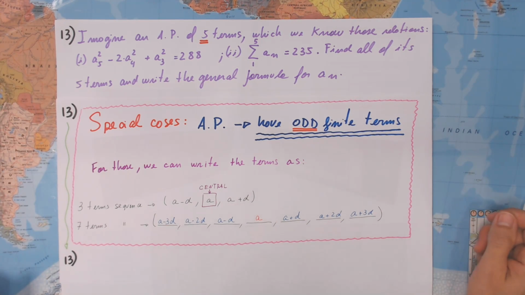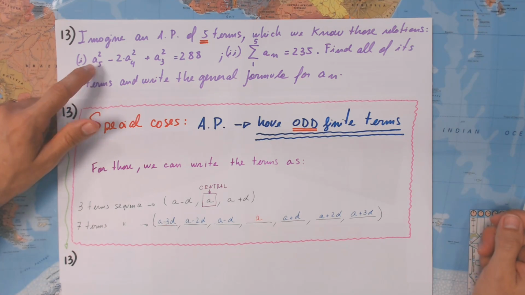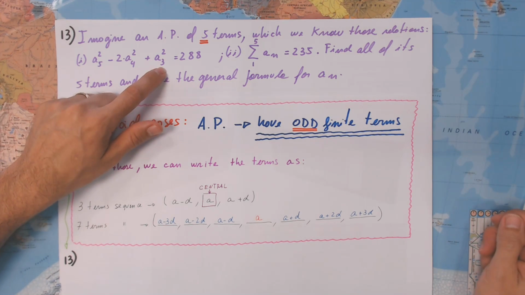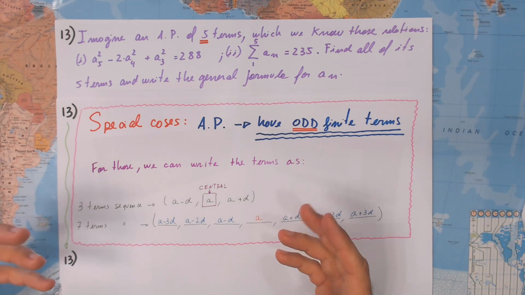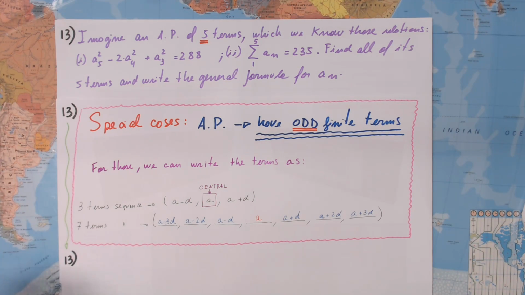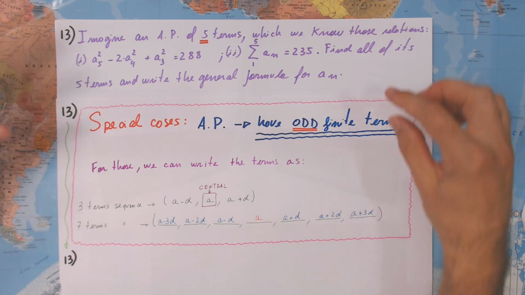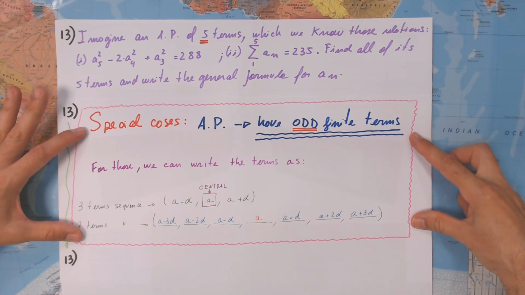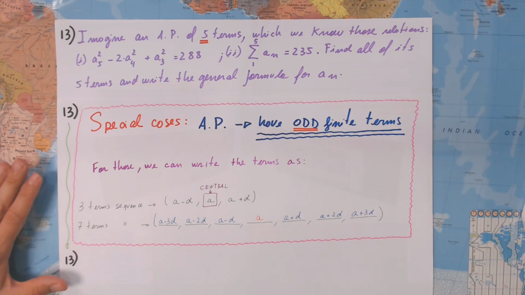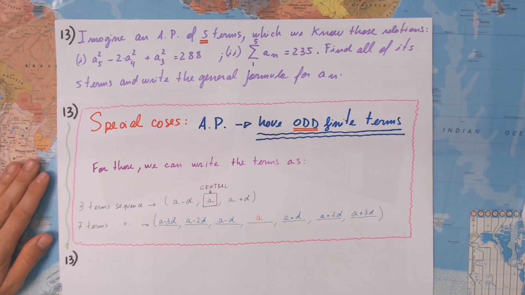But of course, we can't work with A5, A4, A3. This is impossible. We're going to have to change this into something else. So it's up to you to see how we're going to do it. Of course, this problem is supposed to apply this theory. So I'm going to pause for a minute so you can think how you would solve it.